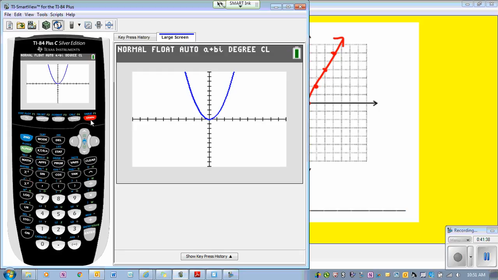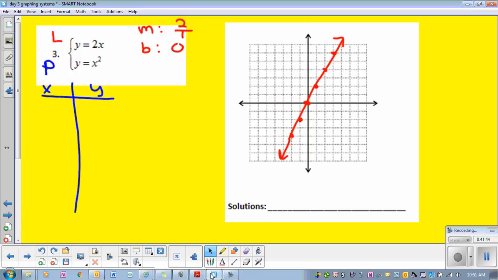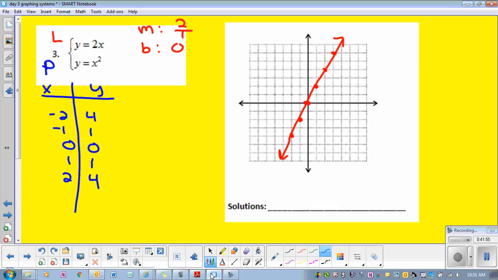Second graph gives me some points. I'm going to put 0, 0 in the middle because that looks like the vertex. Right? So 0, 0.